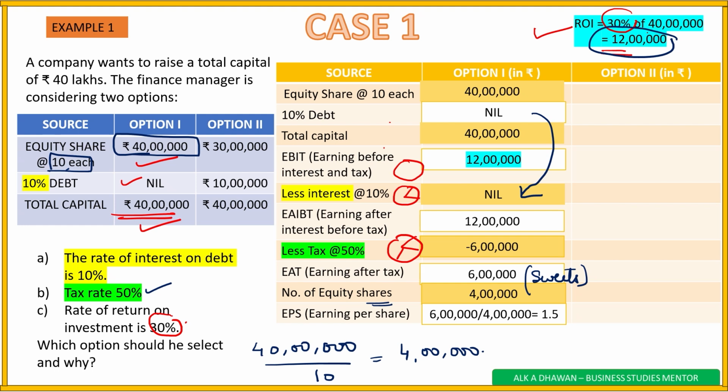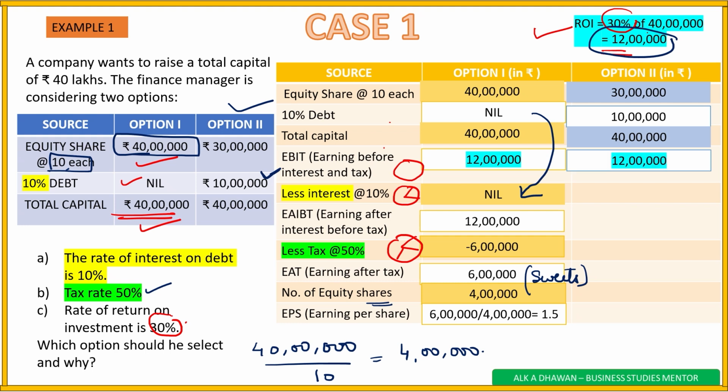Now we go further and work out option 2 here. The equity share capital is 30 lakhs, debt is 10 lakh. It's already given in the question, we are taking from here only. Total capital is 40 lakhs. The ROI will remain the same, which is 12 lakhs.